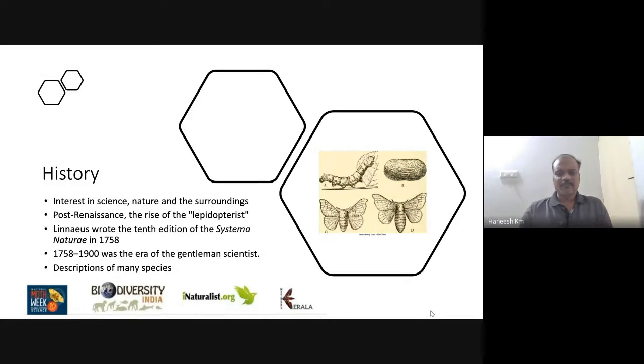But the systematic study of these insects actually came after the 17th century, when science started looking into how these insects grow, how they grow into adults, and how we record them.